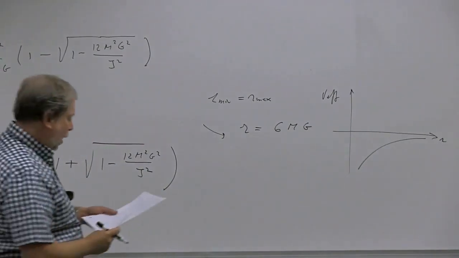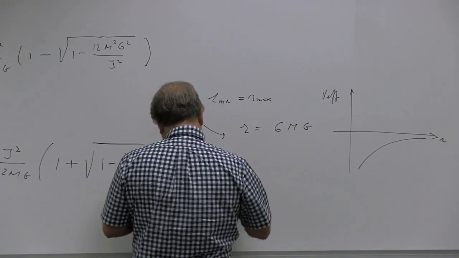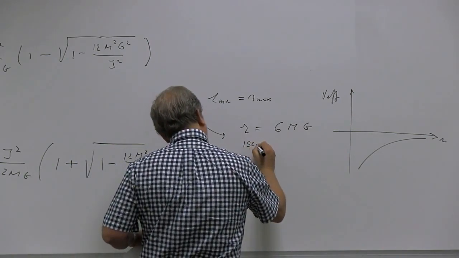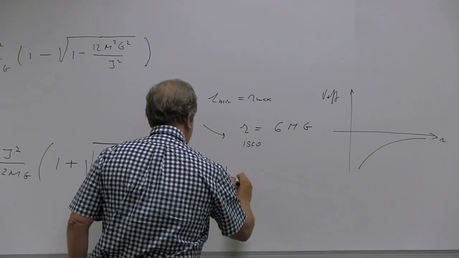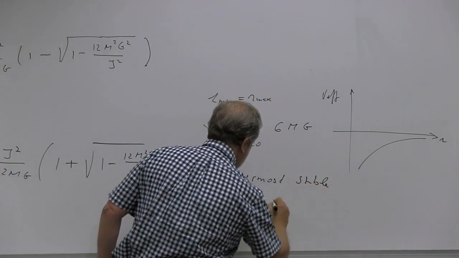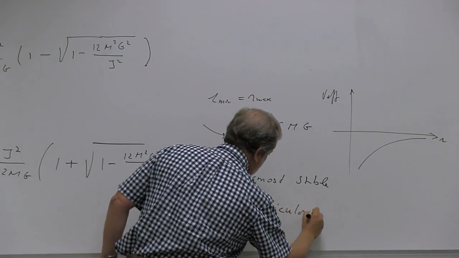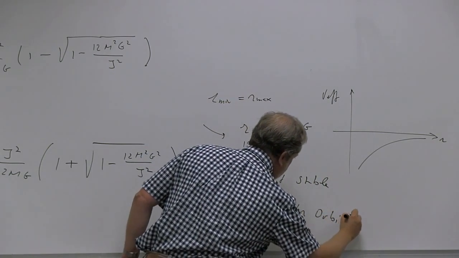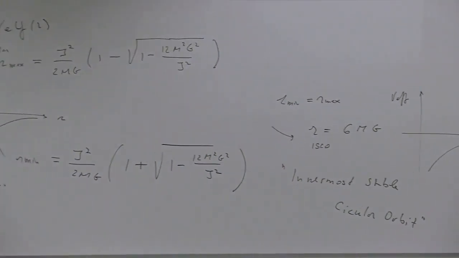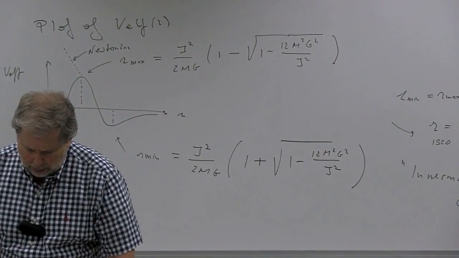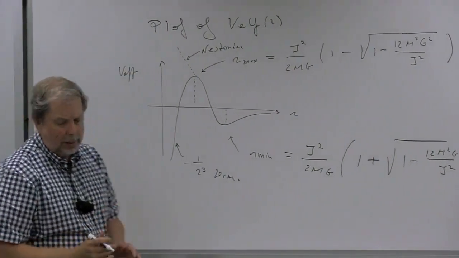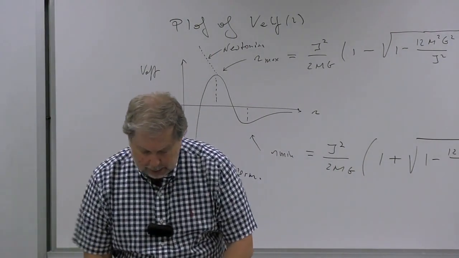So this r is called the innermost stable circular orbit. There is a specific value at which these two maxima and minima coincide, and beyond that you don't have stable orbits.